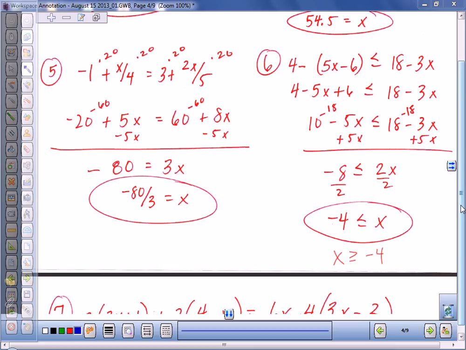So negative 1 times 20 is negative 20. 4 goes into 20 5 times, and 5 times x is 5x. 3 times 20 is 60. 5 goes into 20 4 times, and 4 times 2x is 8x. And then I have a simple equation to solve that has no fractions. All right.